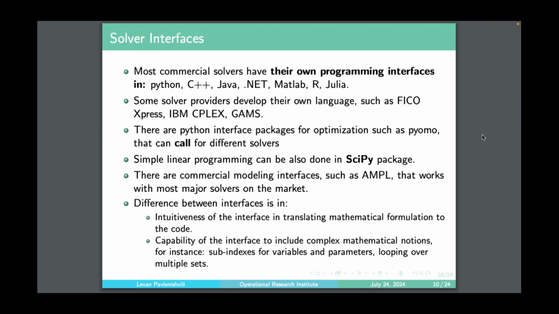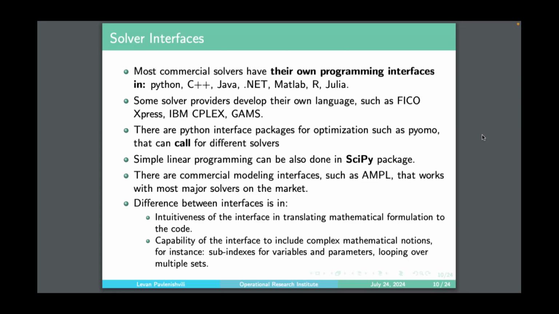For simple problems that you can state as matrices and vectors, if you are stating a generic problem and not designing constraints separately, you can use the linear optimization package from SciPy.